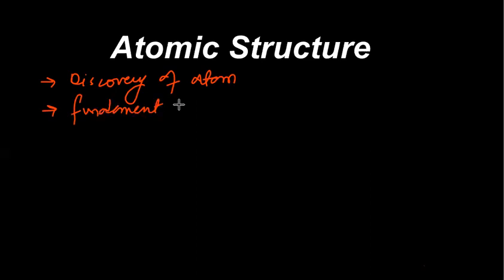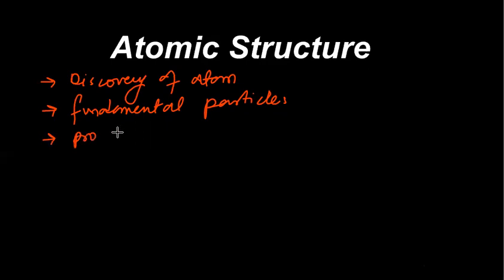In this topic, we will discuss the following things: discovery. We will not go into much detail about the experiments. We will just discuss the pioneers of the idea of the atom, the discovery of the atom. Later on, we will discuss the fundamental particles, or you can say the constituent particles by which an atom is formed.